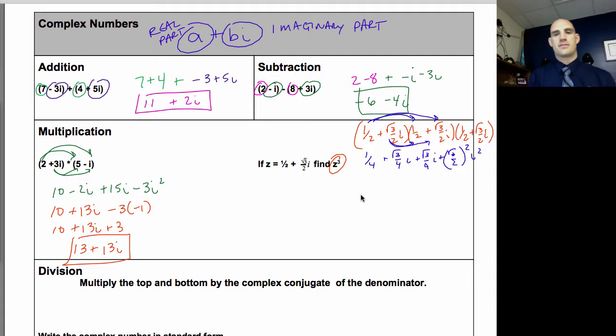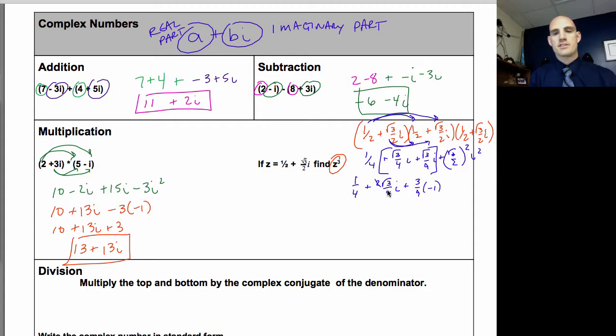Let's do a little bit of simplification. 1/4 is fully simplified. If I have two of these, I essentially have 2 times root 3 over 4i. And root 3 over 2 squared would be 3 over 4, because root 3 times root 3 is 3, and 2 times 2 is 4, times an i squared, which would be times a -1.